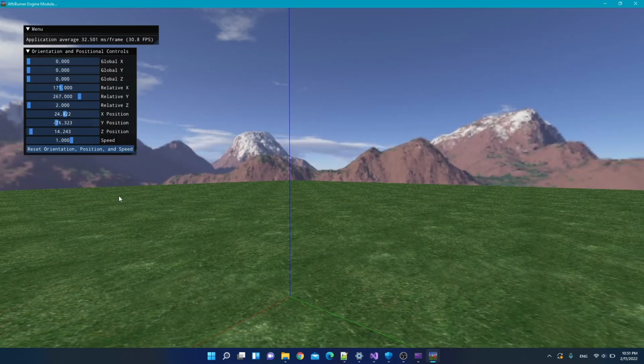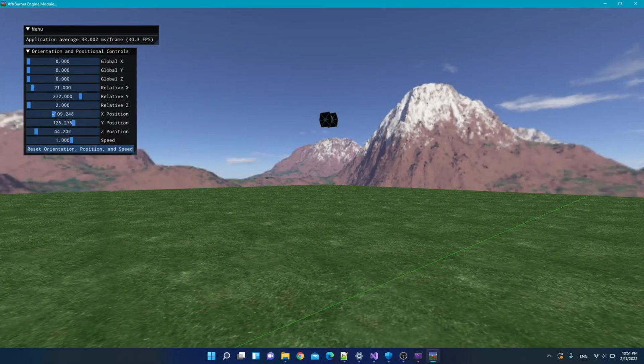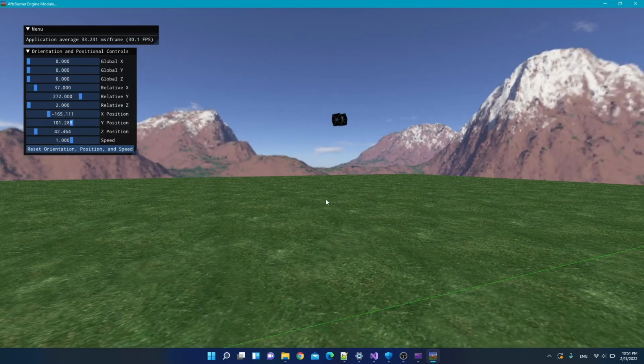And we can sort of tell as the fighter is moving around that the sound is going with it. And it should be somewhere to our right. Oh, yep, there it is.